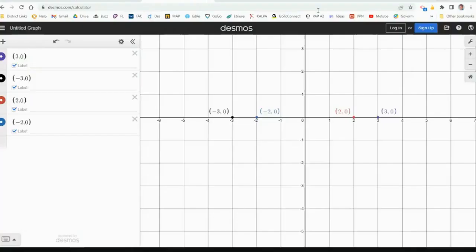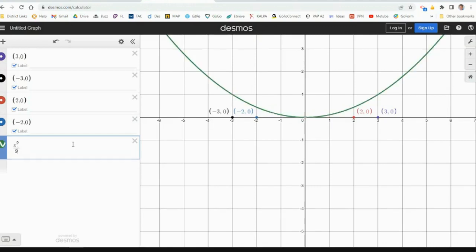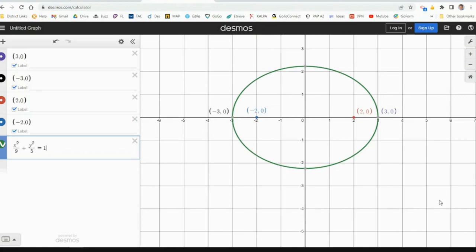Let's put that in our graph and see if that's what it actually looks like. X squared divided by 9 plus y squared. Oh, wait. I don't want it under the 9. Okay. Plus y squared divided by 5 equals 1. Look at there.